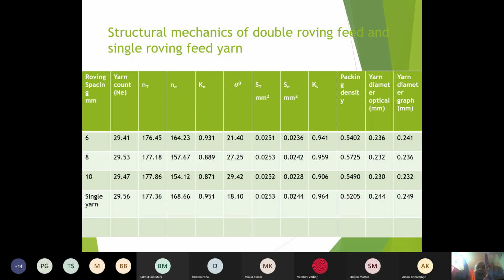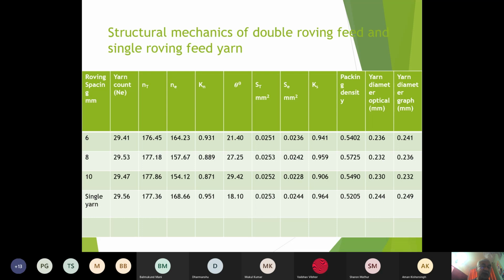So two strands are getting drafted individually, and at the nip point they are getting converged, and we are making the yarn. So the difference is two roving feed versus single roving feed.